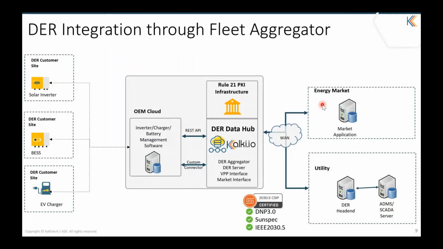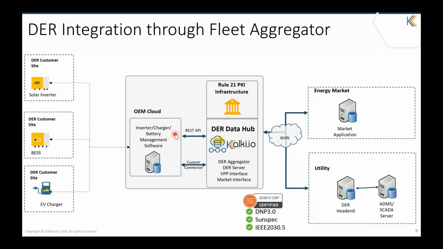Again, this is also an additional integration option where the DR data hub, which you see on the previous slide, which is acting as a DR aggregator, instead of directly connecting with the field devices or gateway, can also connect with the OEM cloud.